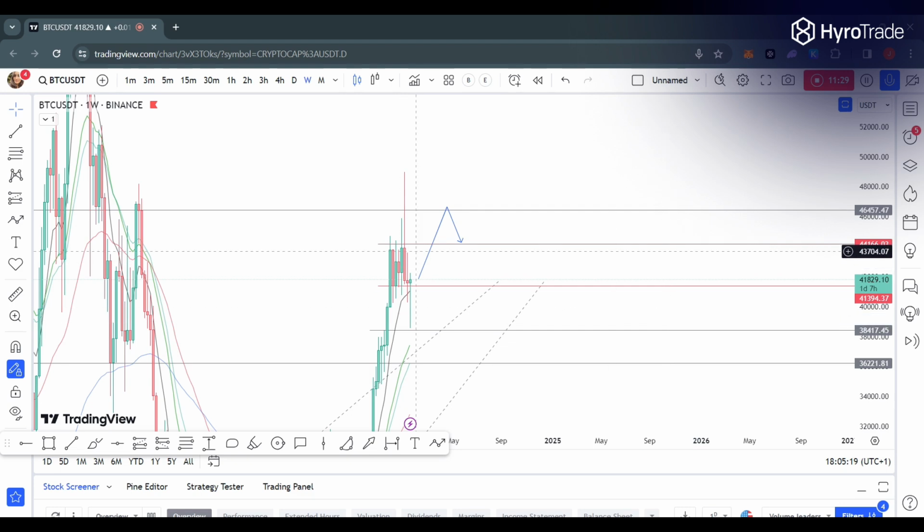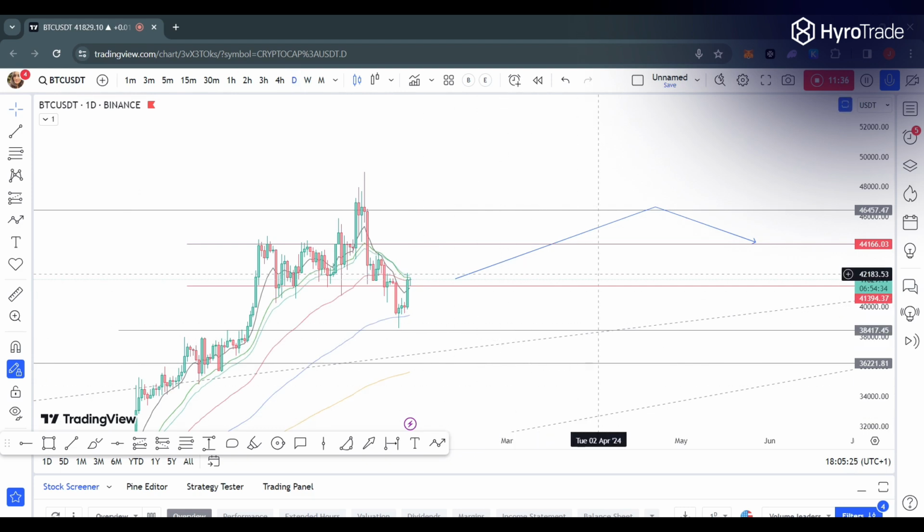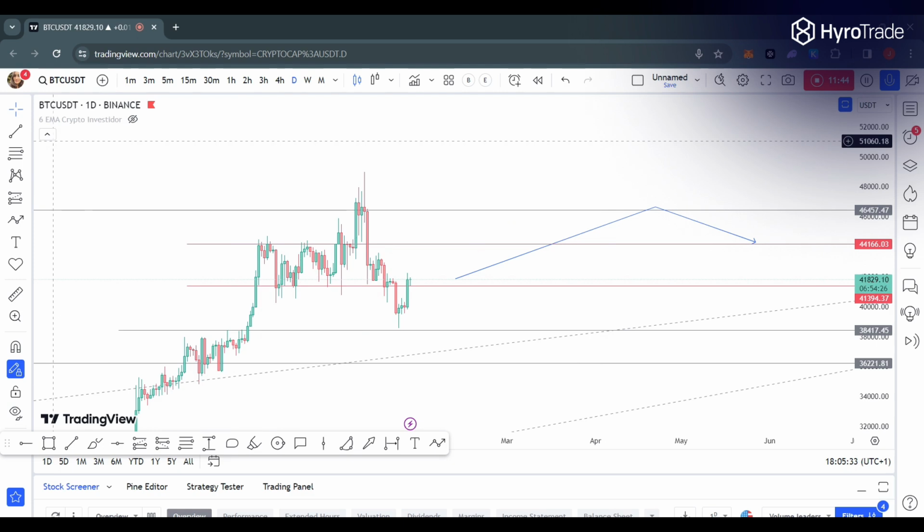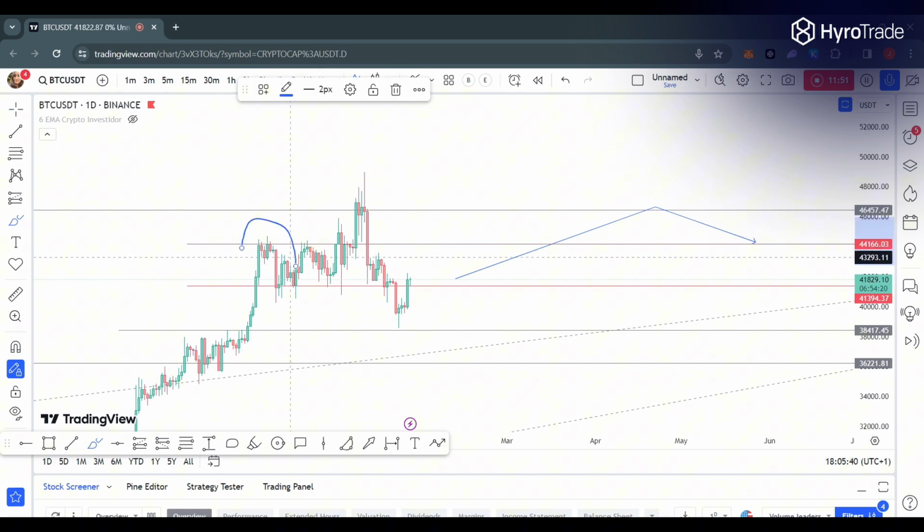And in this case, I took this level at 44,166. Why did I take this level? If I turn off my EMAs, we can see here that before, this level was standing as a resistance. Once it couldn't break, second time, yes, here it broke, like a fake breakout, and the price went back below.